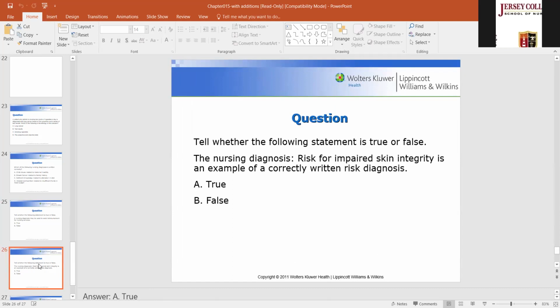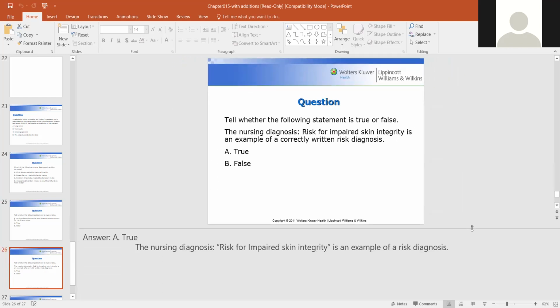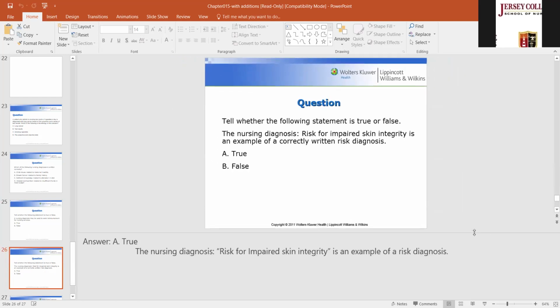The nursing diagnosis, risk for impaired skin integrity, is an example of a correctly written risk diagnosis. True. Oh, I thought it was incomplete. I'm sorry. With risk, you don't always have the full criteria that you have when you have an actual nursing diagnosis.